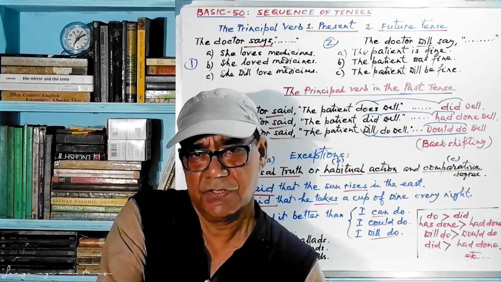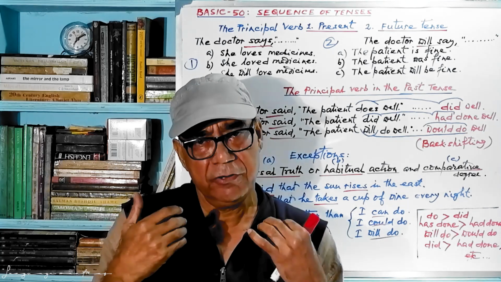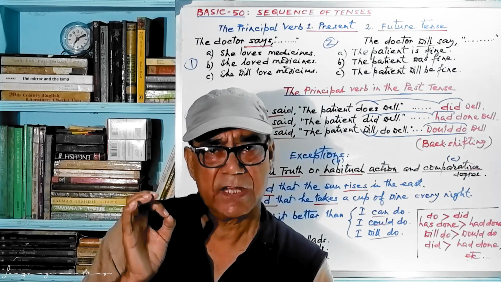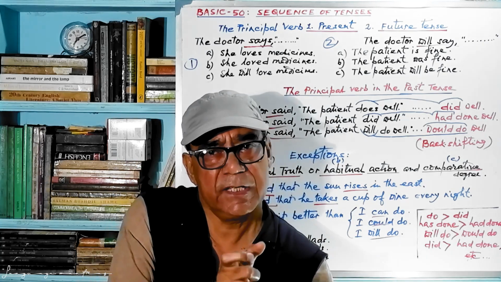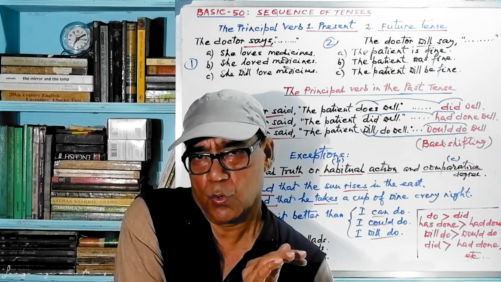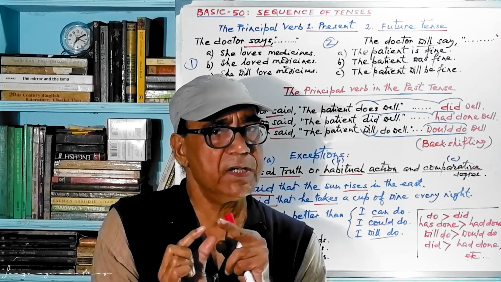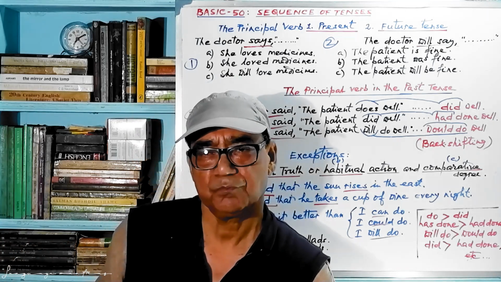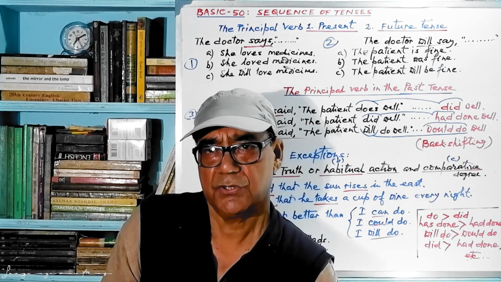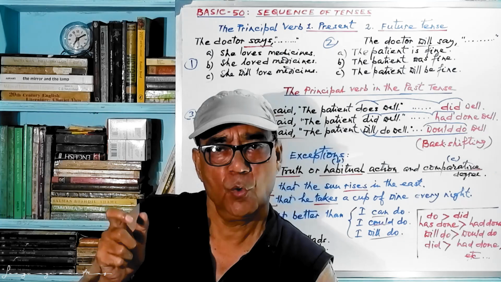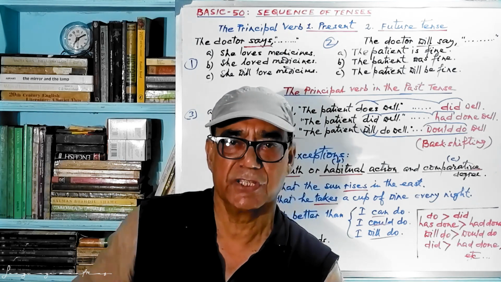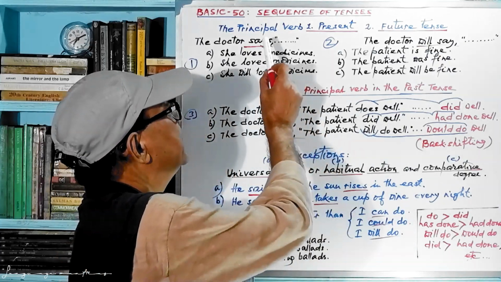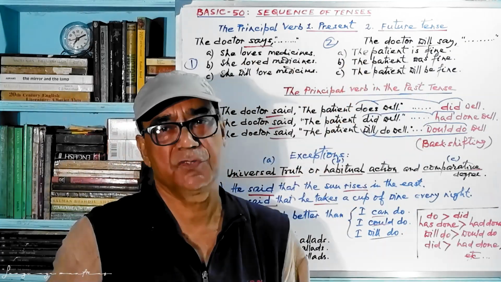Now, if the sentence happens to be in the indirect speech format, then you have to decide very carefully whether these two verbs will require just one type of tense or two different types of tenses. In the English language, there are very well-defined guidelines in this matter. Those guidelines come within the definition of sequence of tenses.